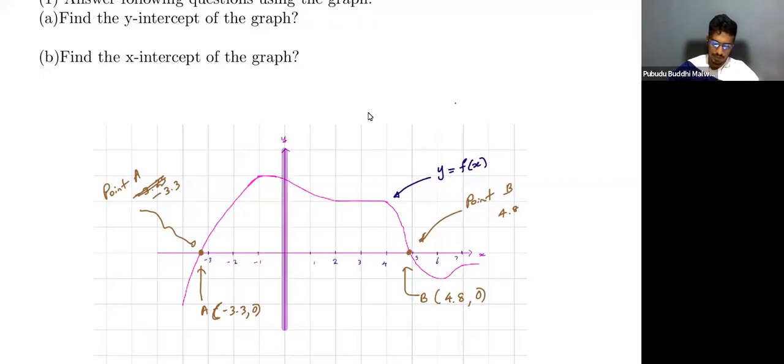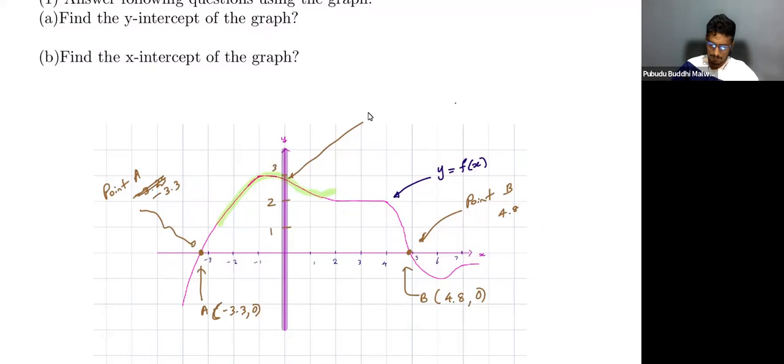And the y-intercept is the point where the y-axis and the graph intersect. I think clearly this point, that's the y-intercept. Whenever someone asks to compute the y-intercept, we just write the y value. So basically in this case, 1, 2, 3, 2.8.